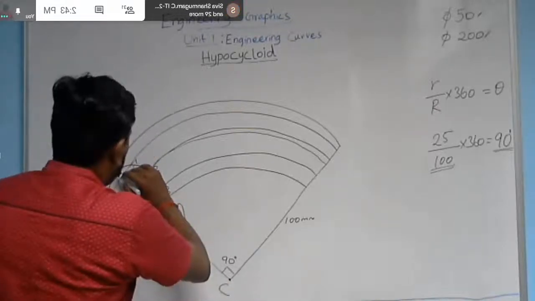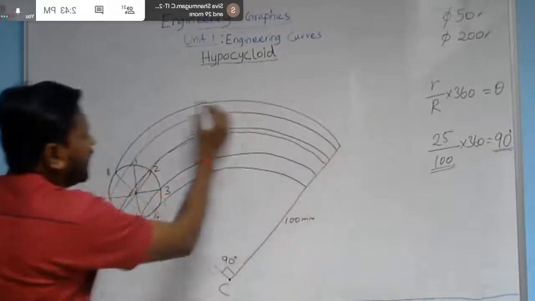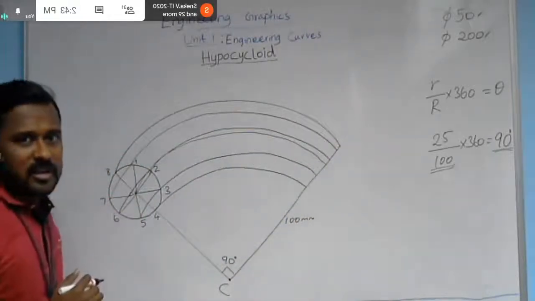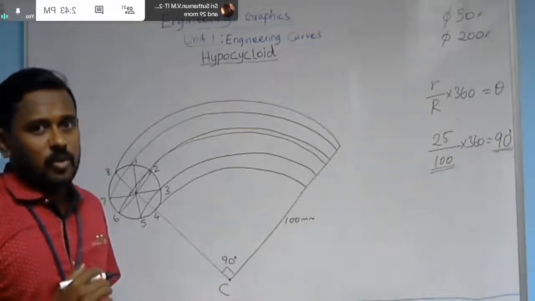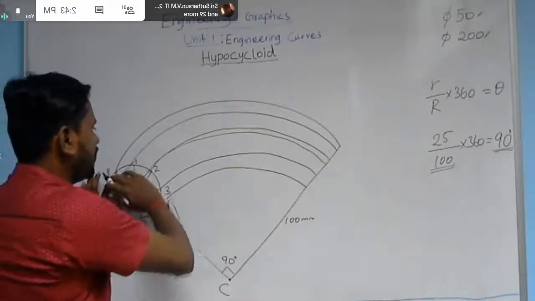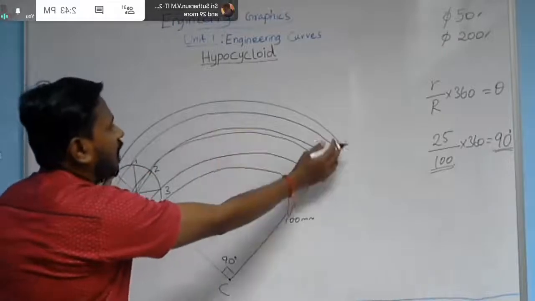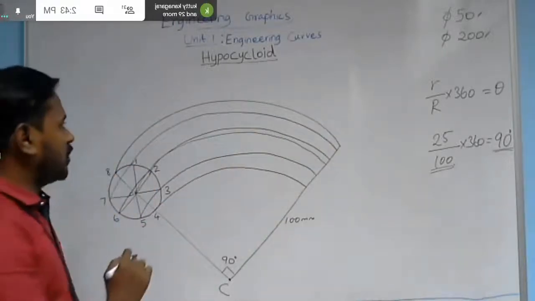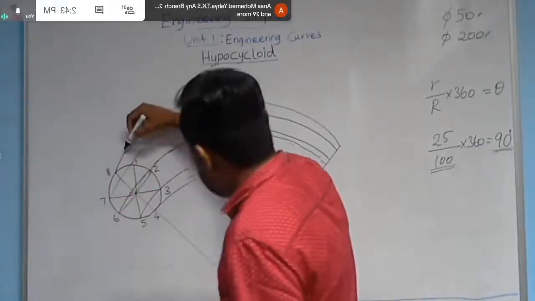split this directing arc into 8 equal parts, what we already did in the epicycloidal curve case. So you need to split this directing arc into 8 equal parts by using a simple geometric method. So here let me do that.